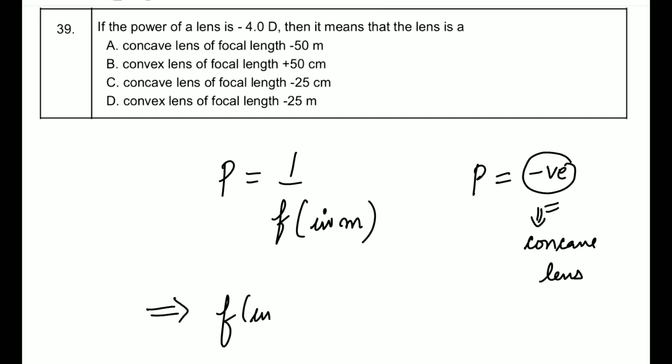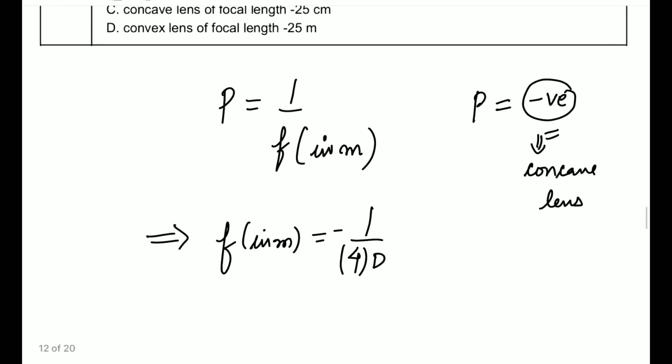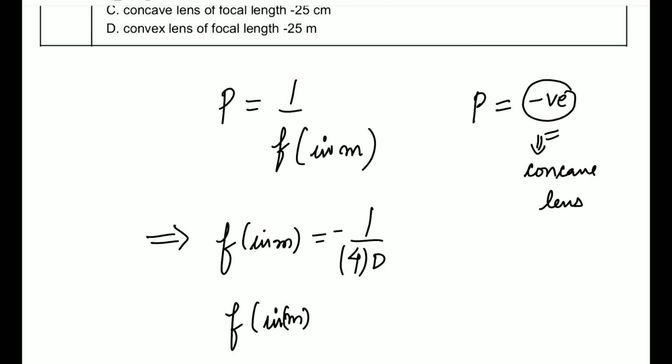The focal length in meter can be written as 1 upon minus 4 diopter. You just divide to get the answer, which will be in meter.